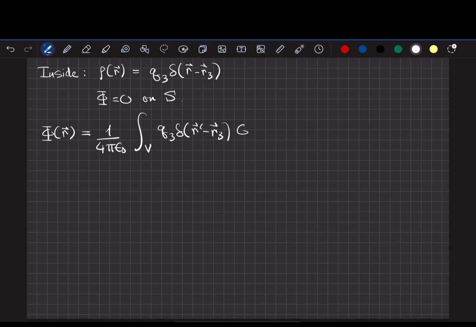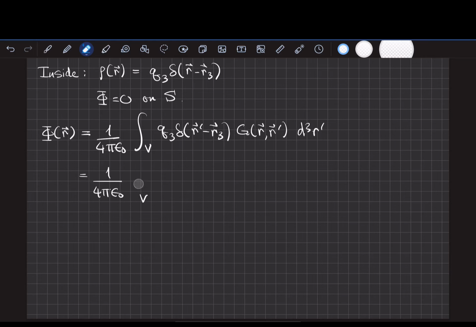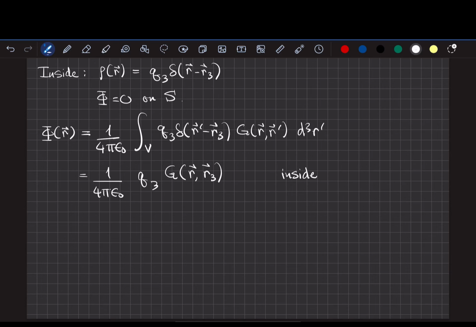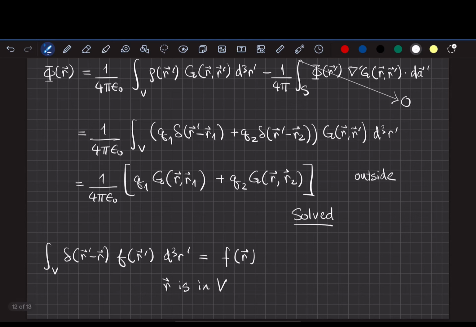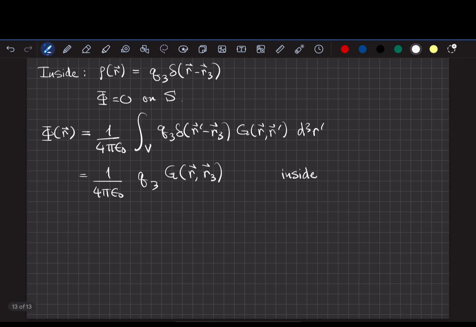So we have a charge density times the Green's function. And again using the property of the Dirac delta function, we would solve this integral where we would just replace the r prime with r3. This is inside the sphere. So we have the potential outside the sphere, and we have the potential inside the sphere. So now our problem is solved.